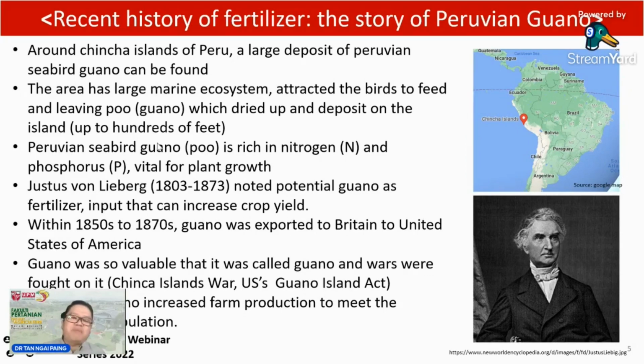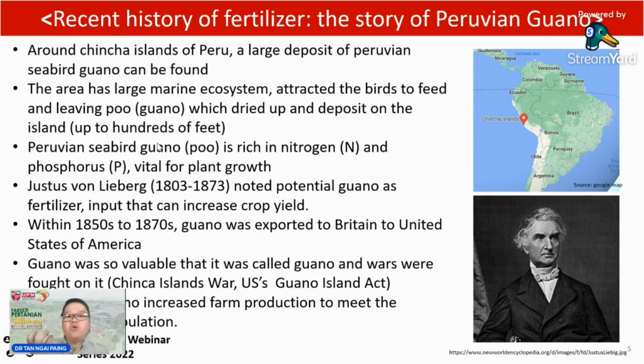So what's so special about this guano? Because the birds feed on something nutritious, like seafood, fish, maybe some shrimps. The fish itself is rich in nitrogen and a very nutritious type of protein.